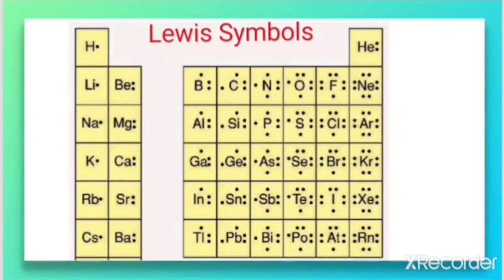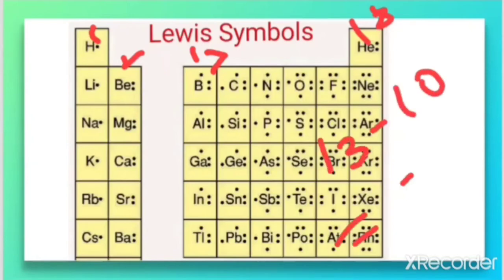As we have discussed, for the first and second groups, the valence electrons equal the group number. But for elements of groups 13 to 18, the valence electrons can be calculated by the formula: 13 minus 10, that is equal to 3, is the valence electrons.